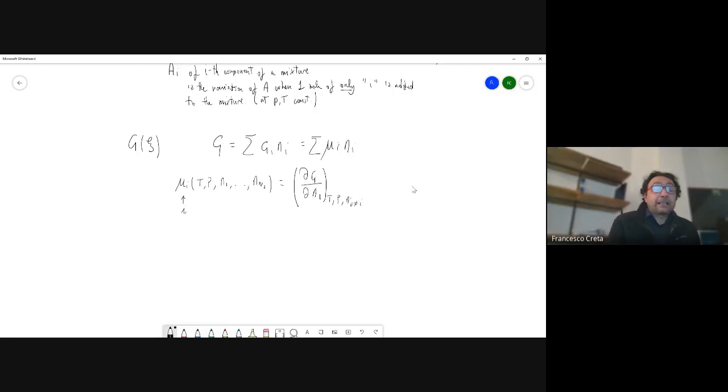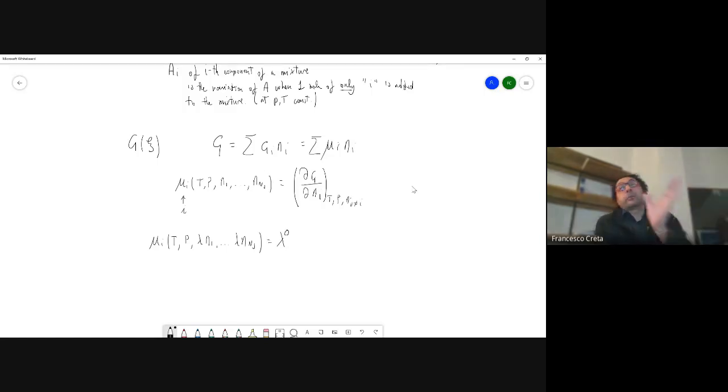So as an intensive quantity, this is homogeneous of order 0. That means that if we multiply all the extensive quantities by a factor lambda, we can take it out like this, but to the power of 0. So it's homogeneous of order 0, clearly.